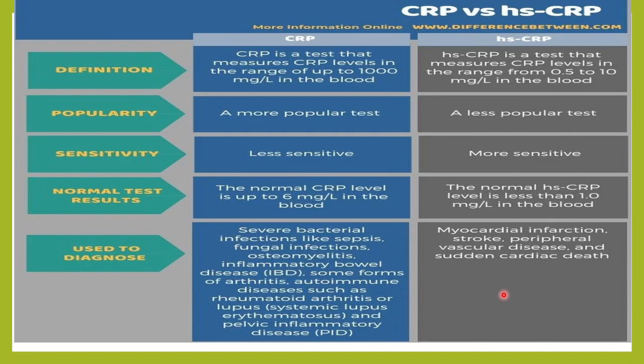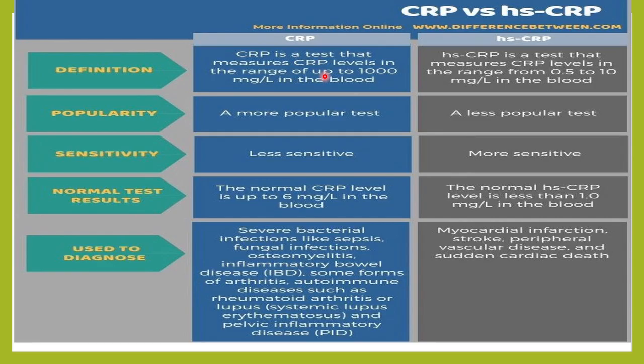CRP is a test that measures CRP levels in a range up to 1000 milligram per liter in the blood. CRP, if it is more than 1, we say that it is elevated. More than 1 to 3 is normal, but we measure it more than 1.